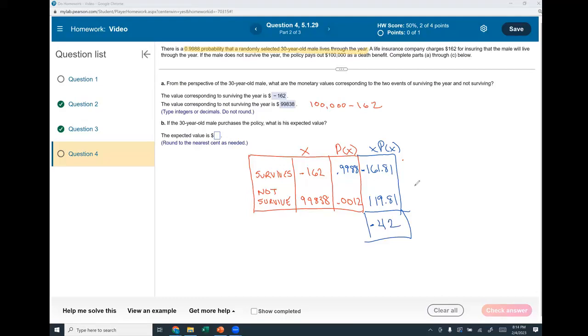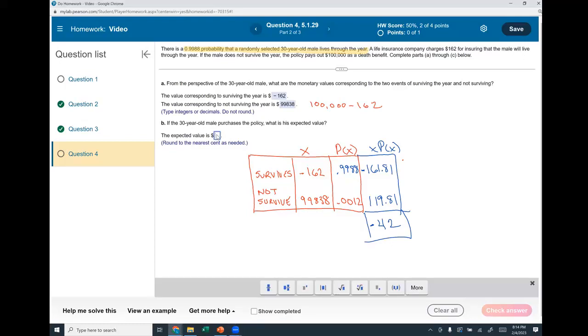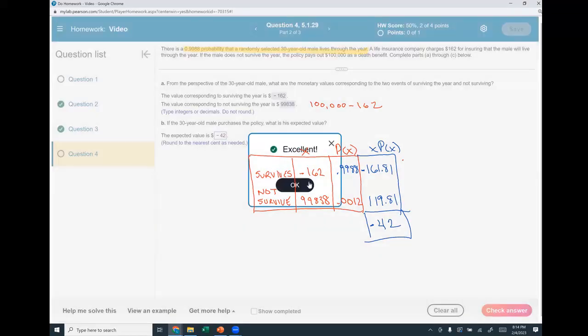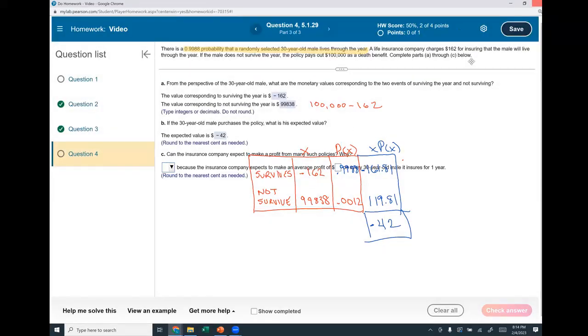Okay, so that looks like my expected value. Let's see if I'm right. Negative $42. All right, perfect. Let me erase that.